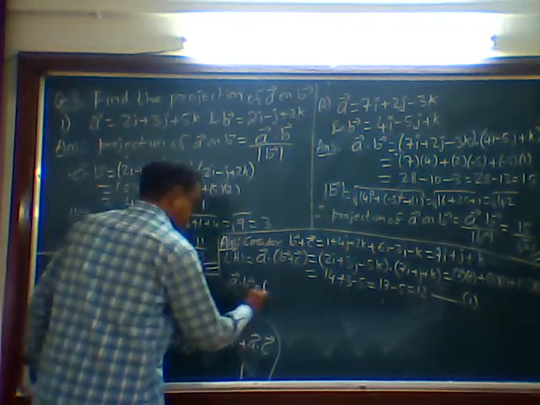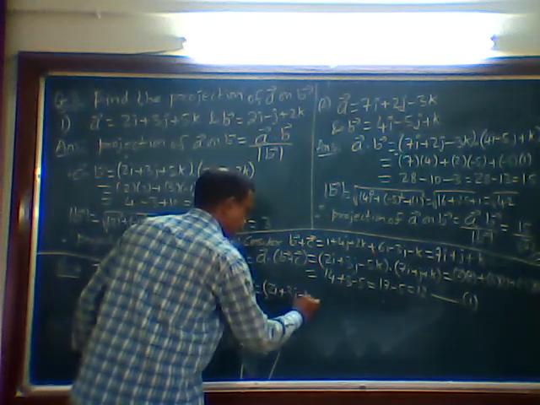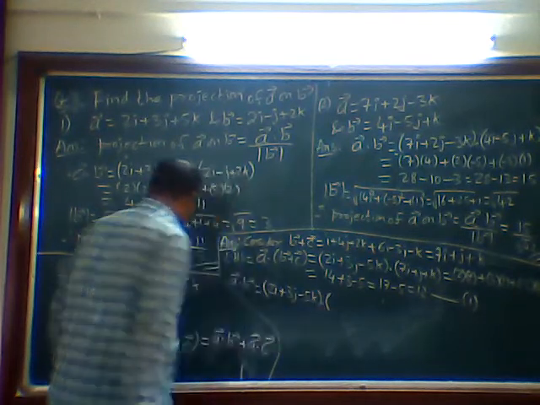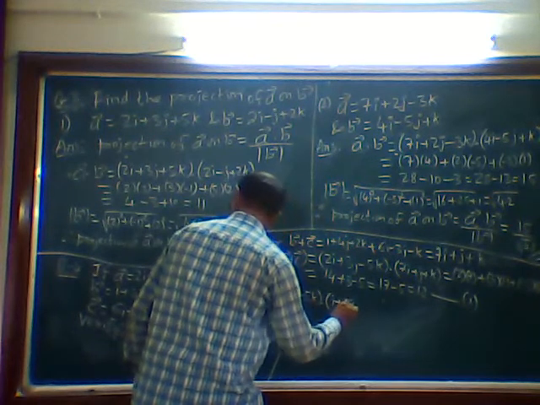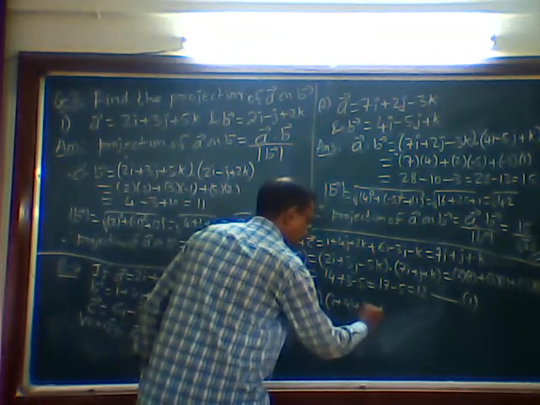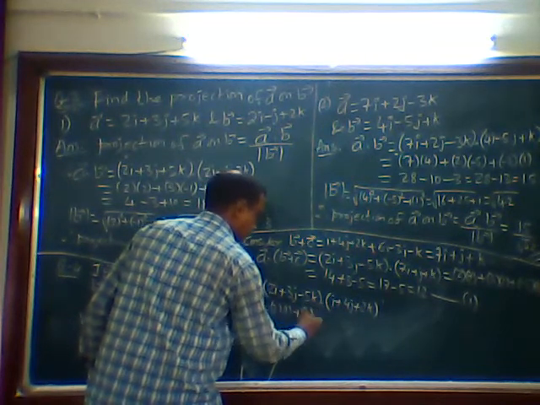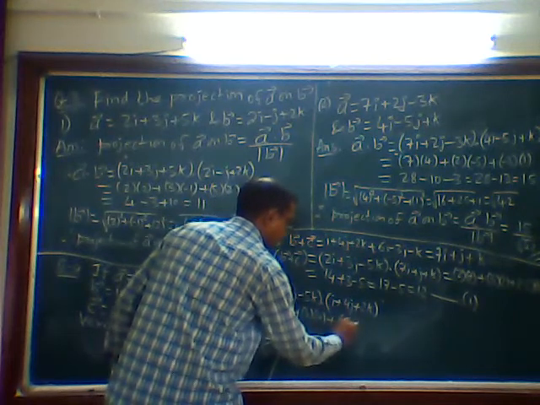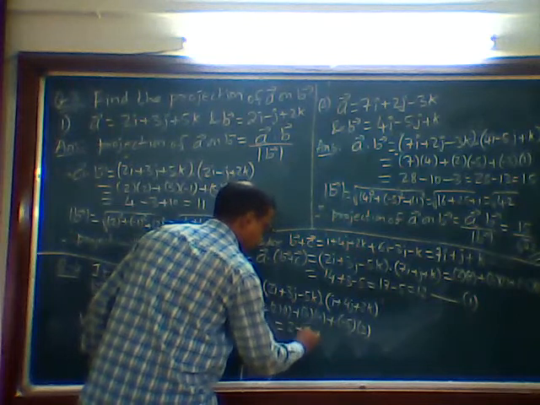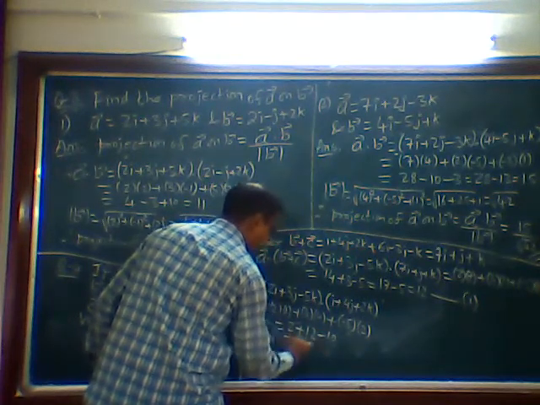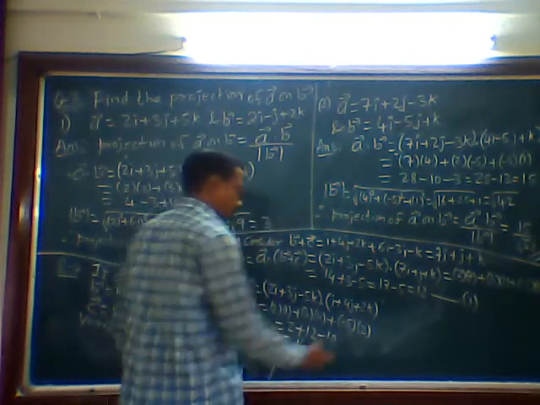What is a bar? 2i plus 3j minus 5k dot b bar, which is i plus 4j plus 2k. 2 into 1 plus 3 into 4 plus minus 5 into 2. 2 ones are 2, 12 minus 10. 12 plus 2 is 14, minus 10 is 4.